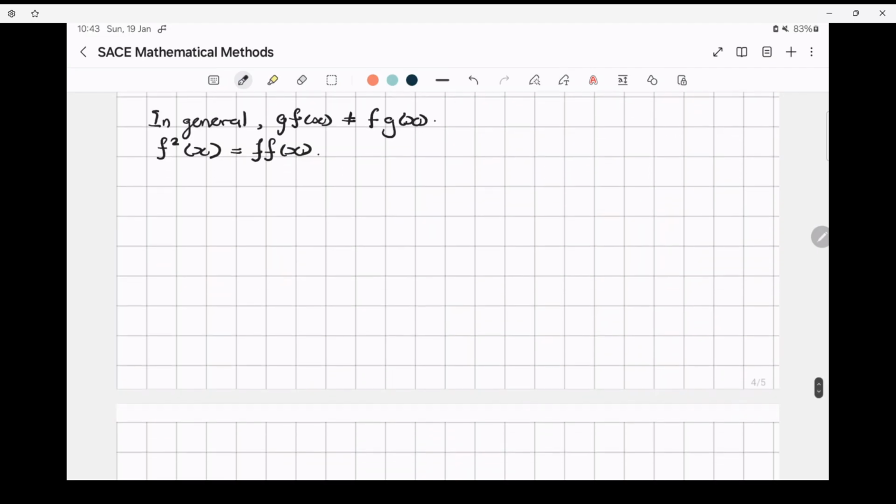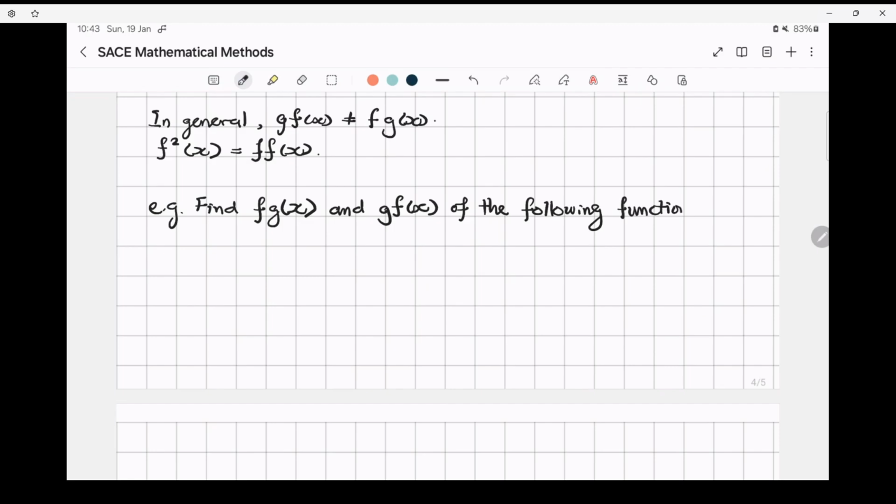So now let's look at some examples. Find f of g and g of f of the following functions.